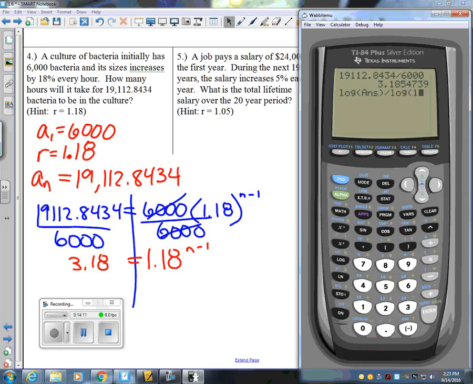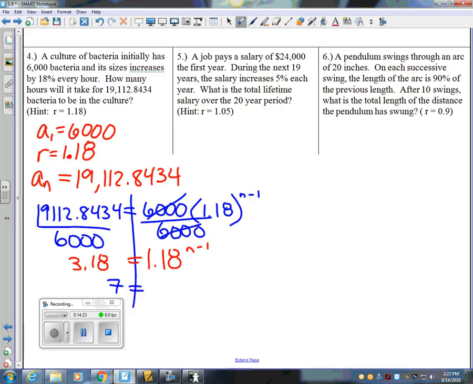Good, 1.18. Okay. And that one you can clearly round, all right? Because it's 0.99999. So you can round that one to 7. What are you left with? 7 equals n minus 1. And so your last step is to add 1.